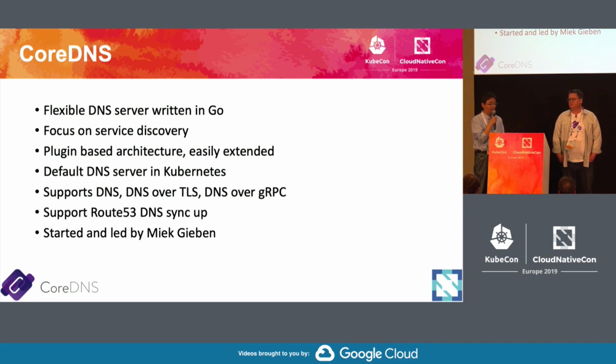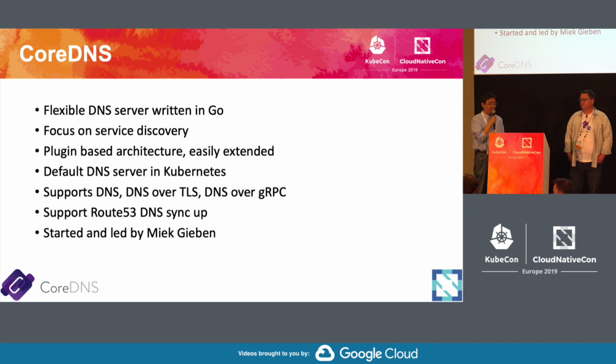CoreDNS itself supports DNS over TLS and DNS over gRPC. The DNS over gRPC, by the way, is a customized implementation. However, it's very useful and a very nice feature. It's a very good fit for cloud-native applications.